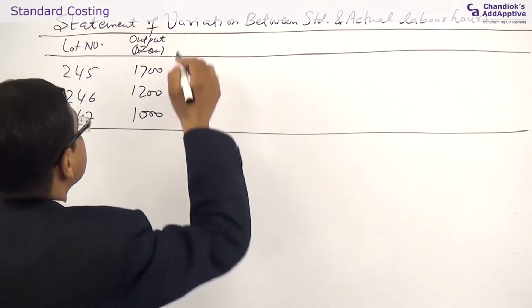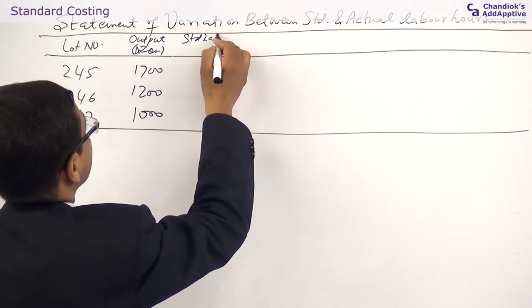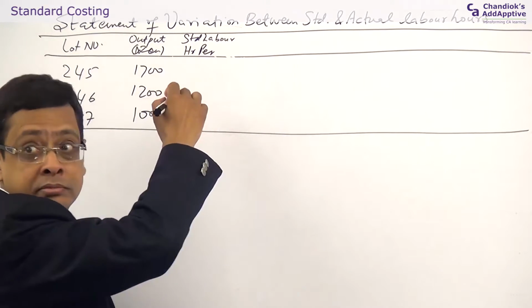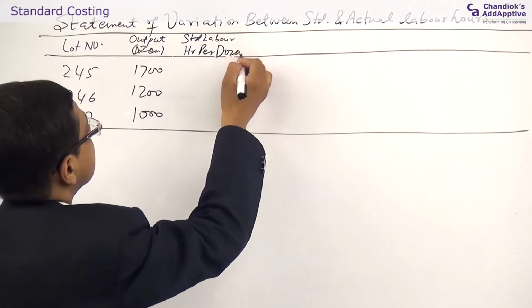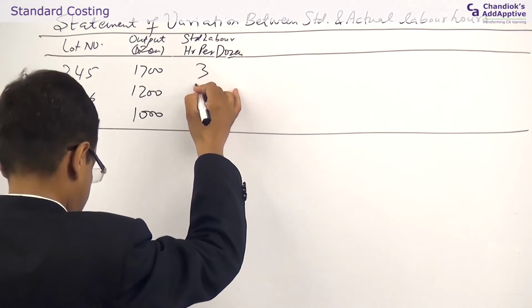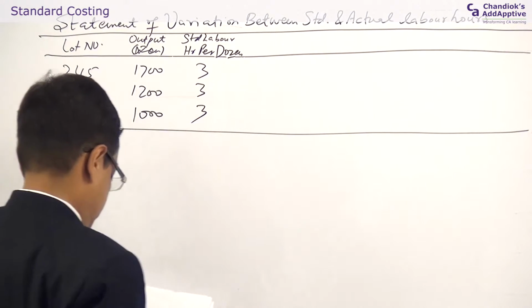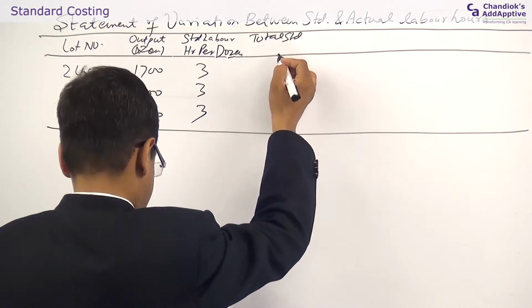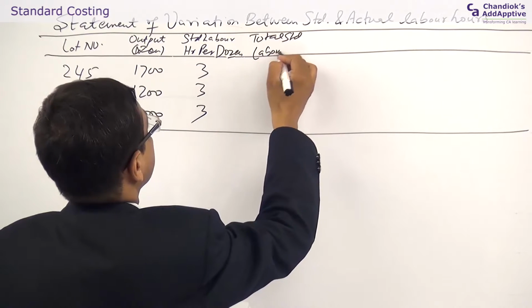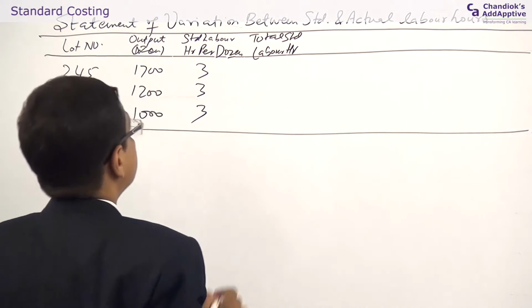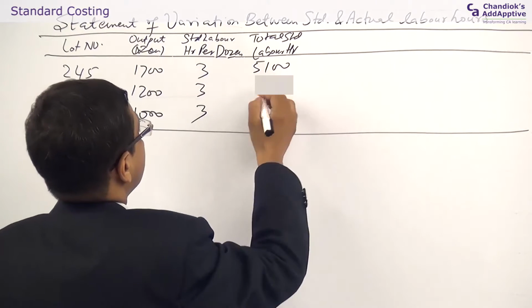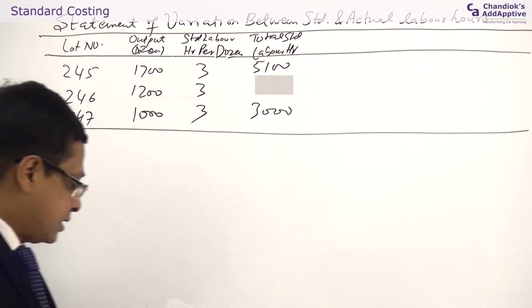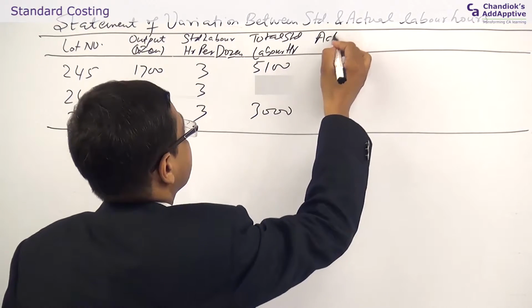Standard labor hour per dozen is given as 3, 3, 3. Total standard labor hour is the multiplication: 5100 and 3000, right. Further, actual labor hour is provided.